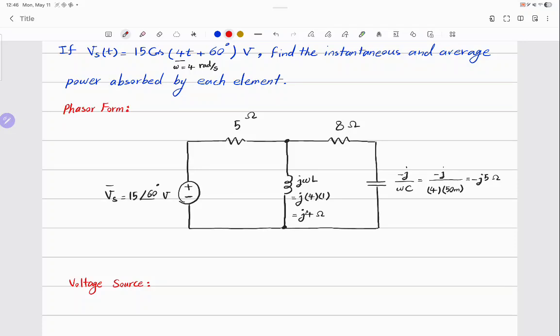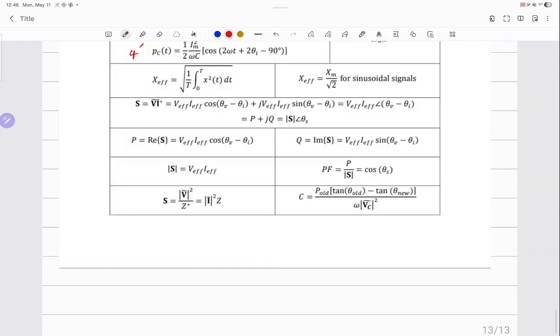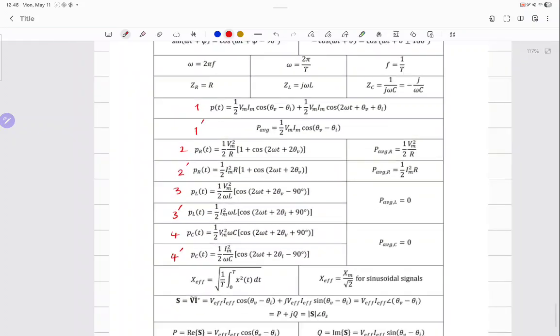Is it a resistor? Is it an inductor? Is it a capacitor? No. So you have to go for the most general form. Which equation should be applied here? 1. 1 is the most general form. Remember, 2 is resistor, 3 inductor, 4 capacitor. I need to go for 1.